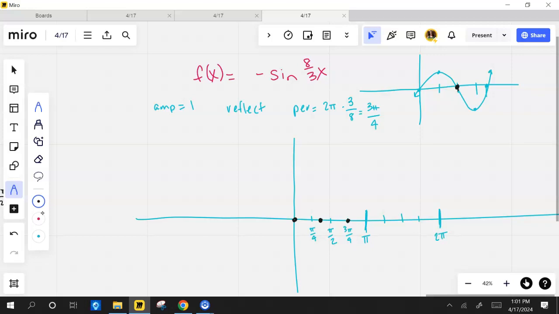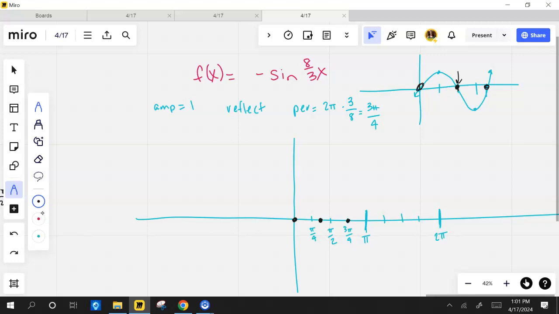So in between these first two, that's going to be my low, right? That's this one, and this one. And then halfway in between that is this one. And that's what I put right here. Okay, so yes.